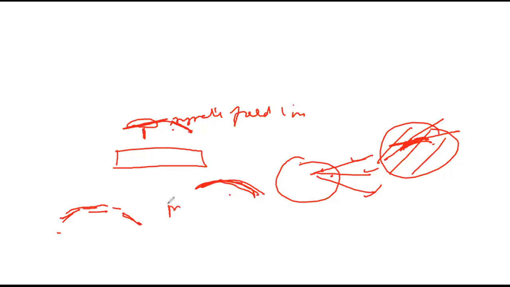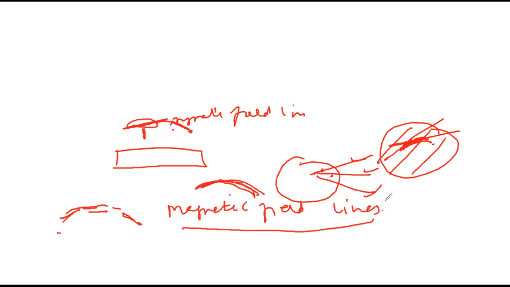So next heading, right? Magnetic field lines. Magnetic field is the space and the line is the direction of that needle.